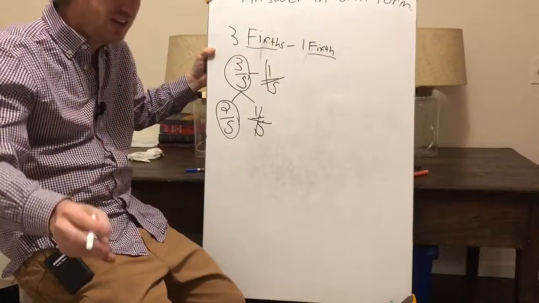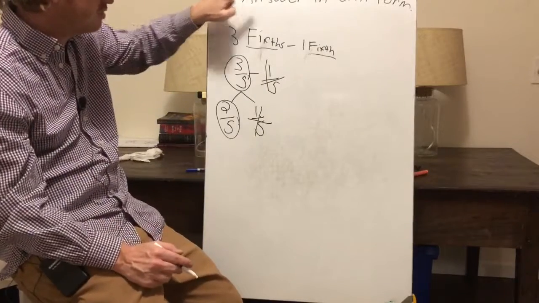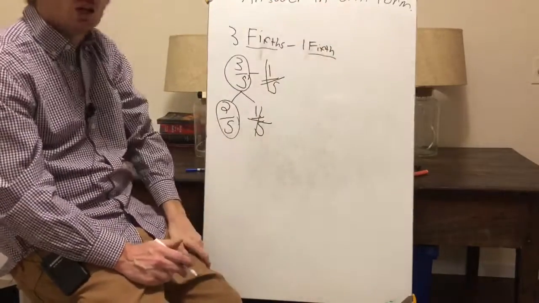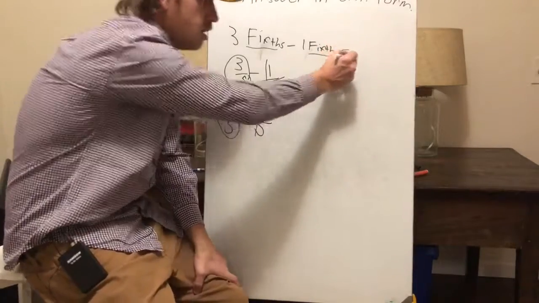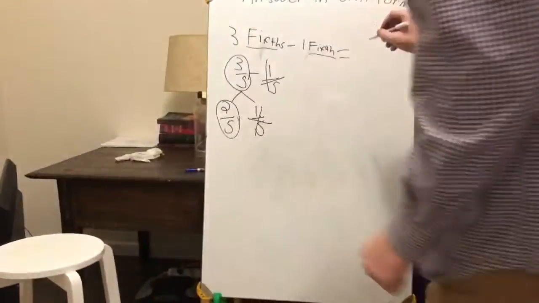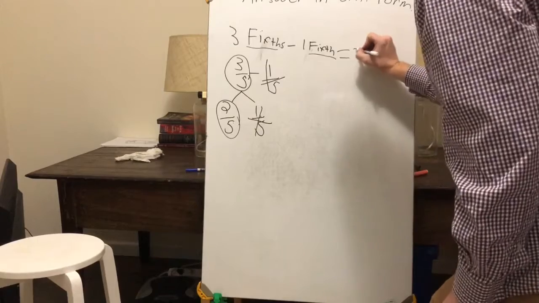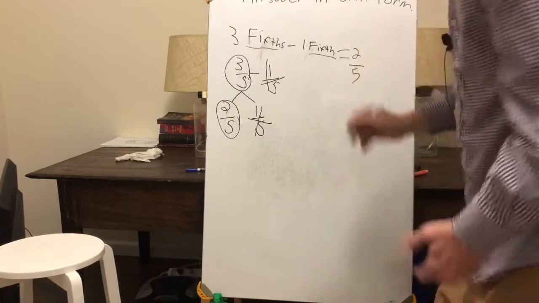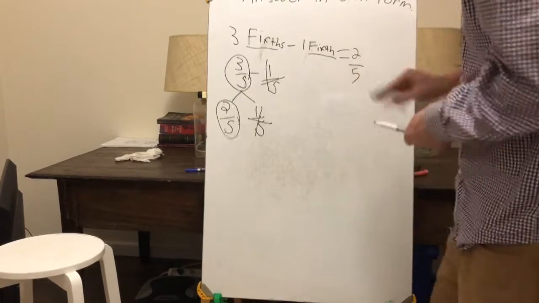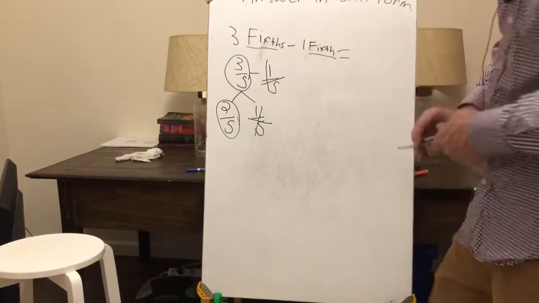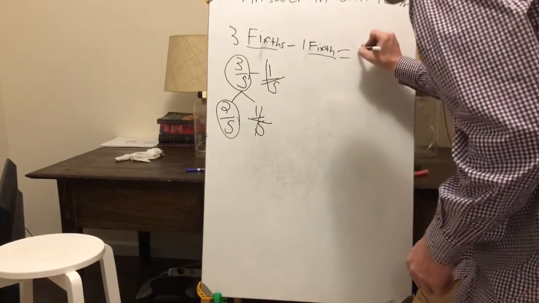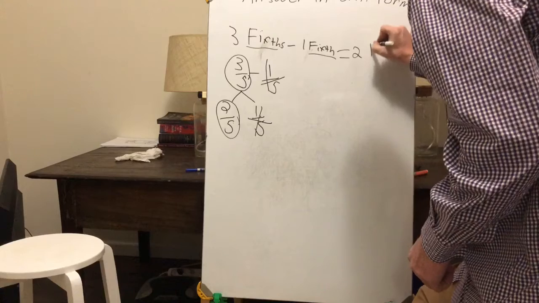But I'm not done there, because this question says answer in unit form. So if you put in 2 over 5, you're going to be wrong. You have to put it in unit form, which means we have 2 fifths.